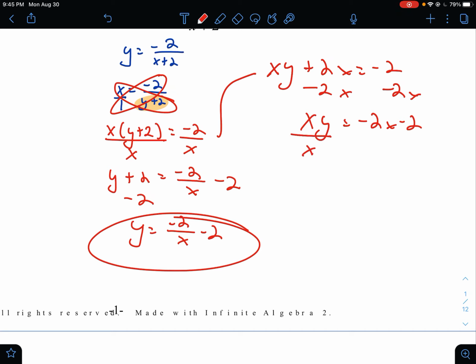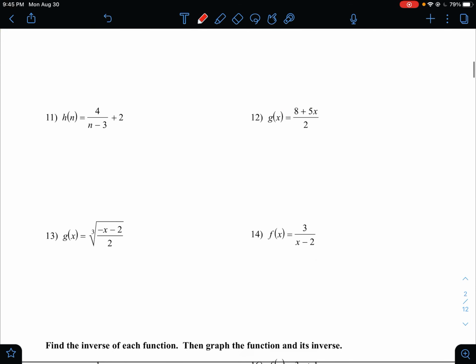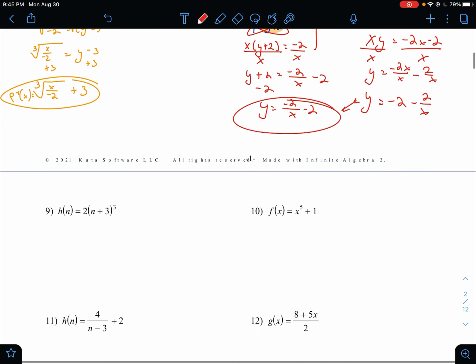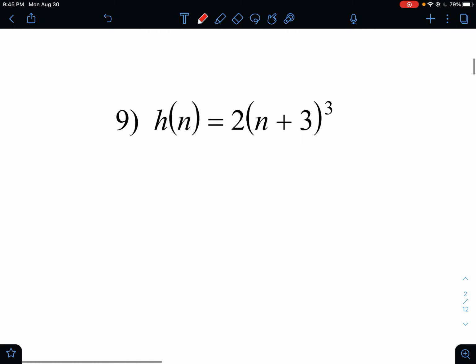And then you would have to divide both sides by x, which gives you -2x over x minus 2 over x, which conveniently gives us -2 minus 2 over x, which is the same thing. So if you did it that way, you should still get the same answer. There are different ways to solve these. It's not just one way. So keep working through these.